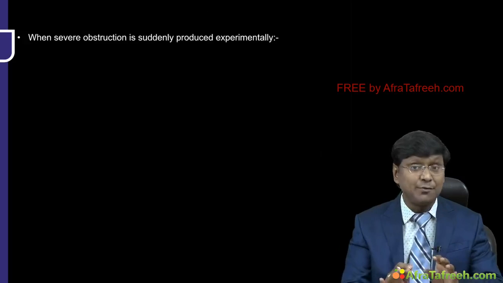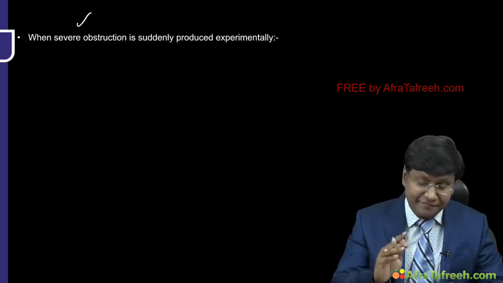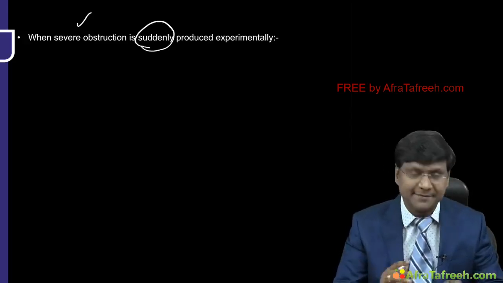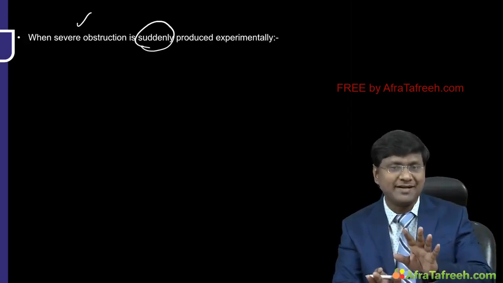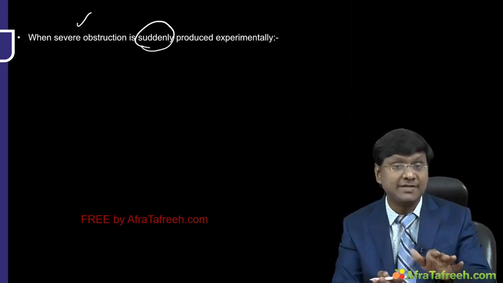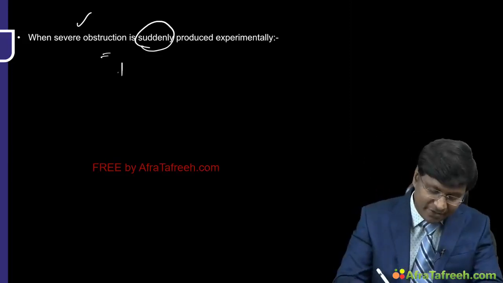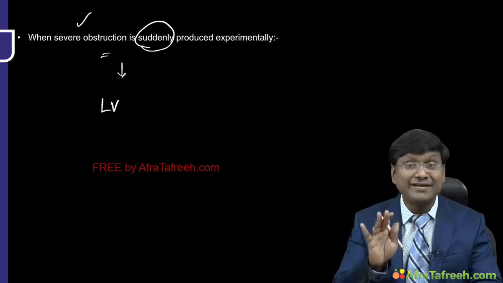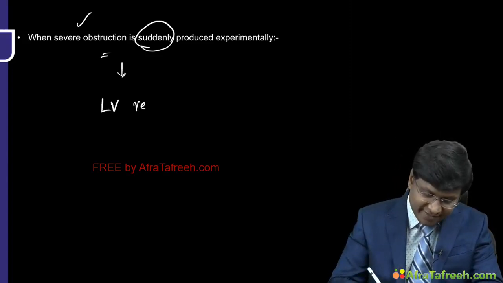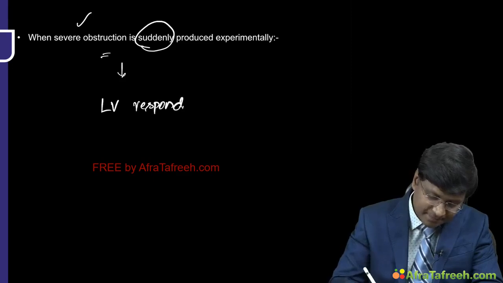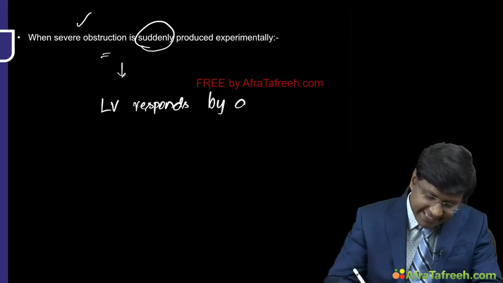And remember, if there is severe obstruction suddenly, this can happen usually experimentally. Like experimentally, let us just assume that there is severe obstruction which is sudden in onset. Then in such a case, what will happen to the LV? How will the left ventricle respond? The left ventricle responds by dilatation, right?